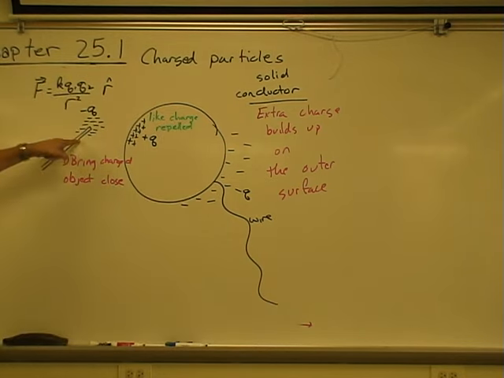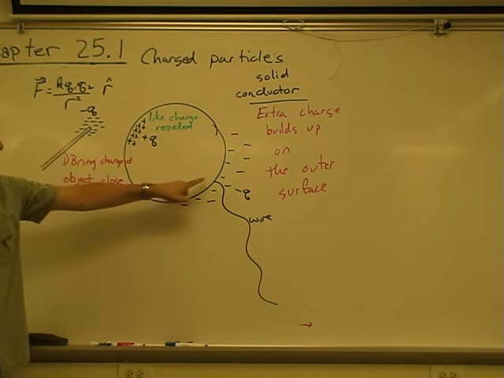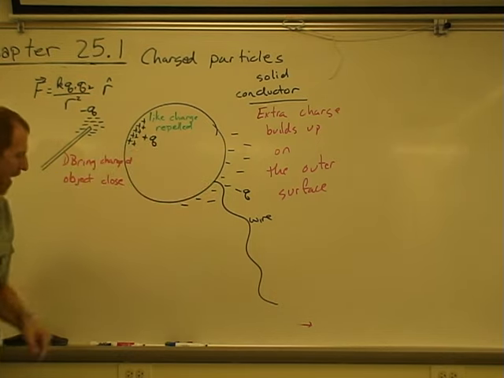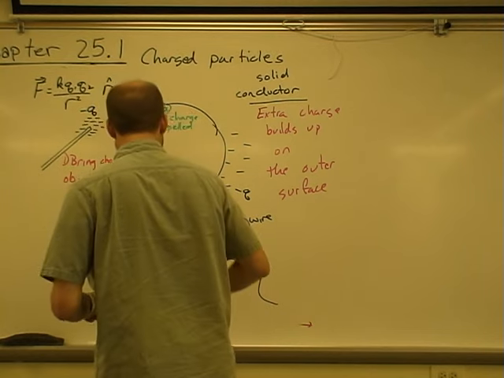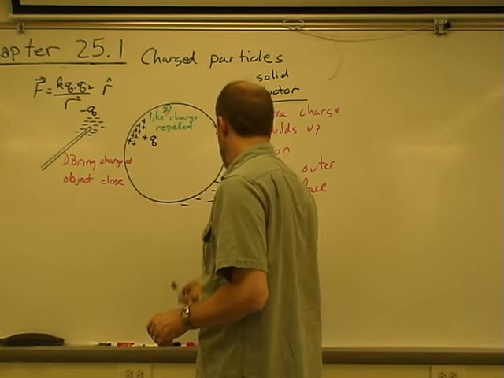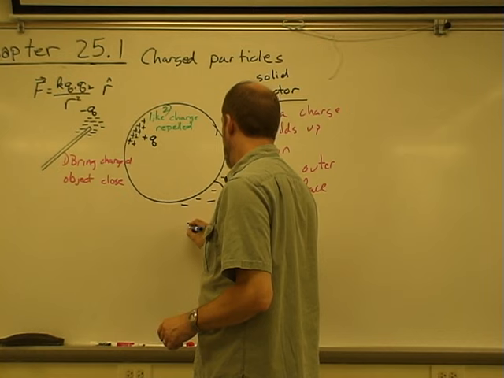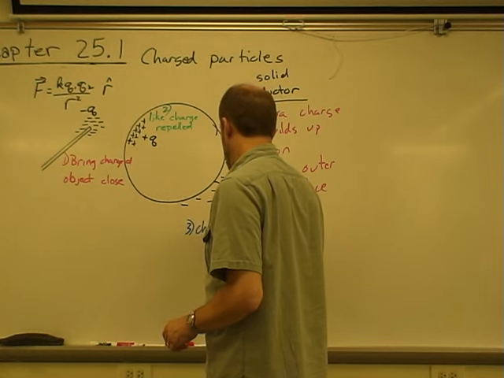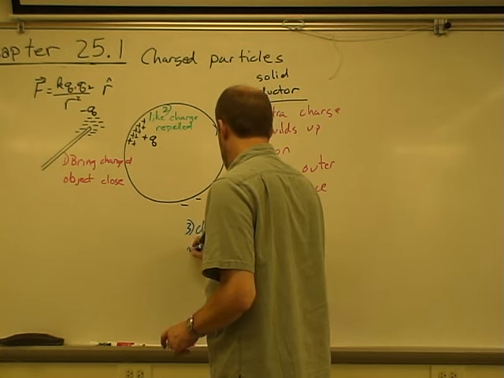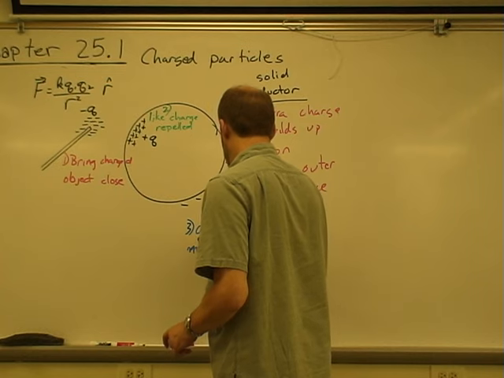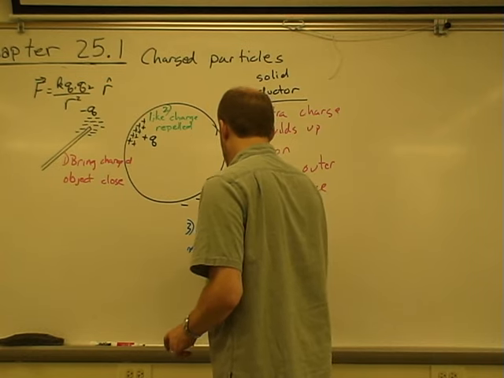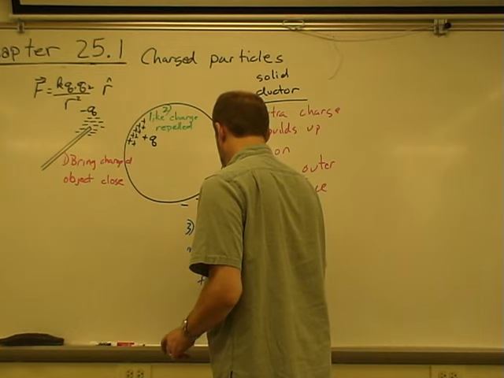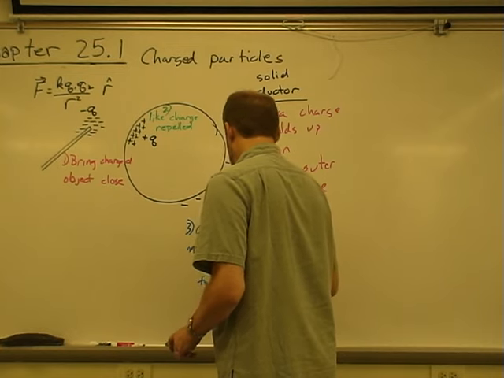If this is a negative charge, it's going to push electrons out, and then charge moves up or down the wire to balance.